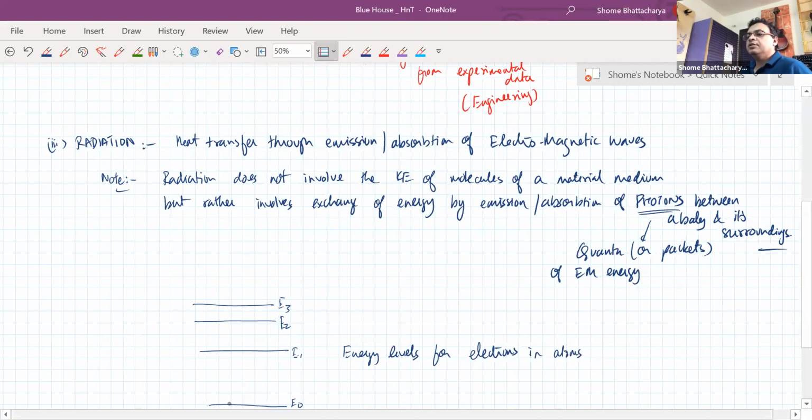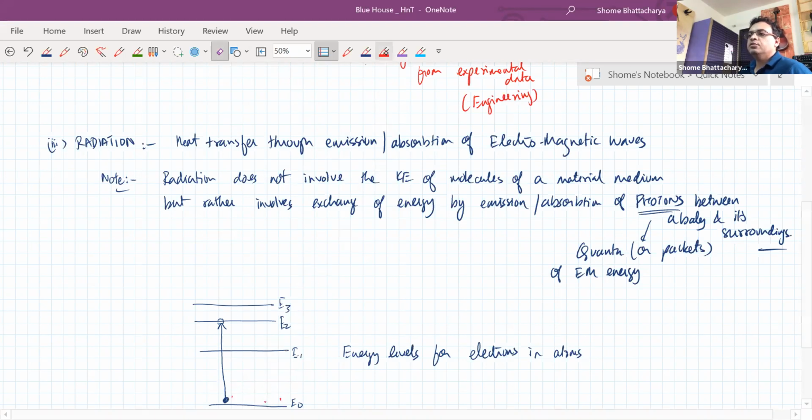Anytime an electron makes a transition from a lower energy state to a higher energy state, it results in absorption of a photon, because it has to absorb energy to go from the lower to a higher energy state.